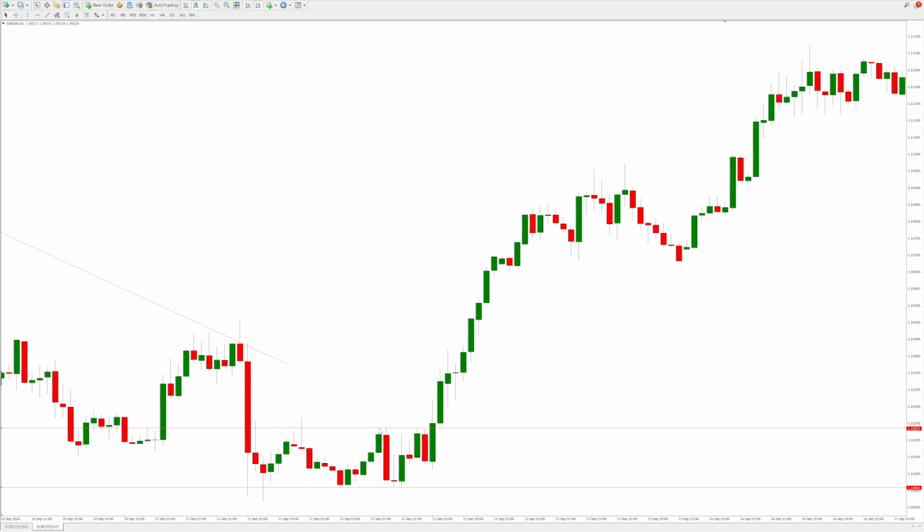You can either use wicks or bodies. We'll use wicks. So the resistance is there within this double bottom candlestick pattern, triple bottom if you like, and you're going to wait for price to reverse away from the support level and break out through resistance.